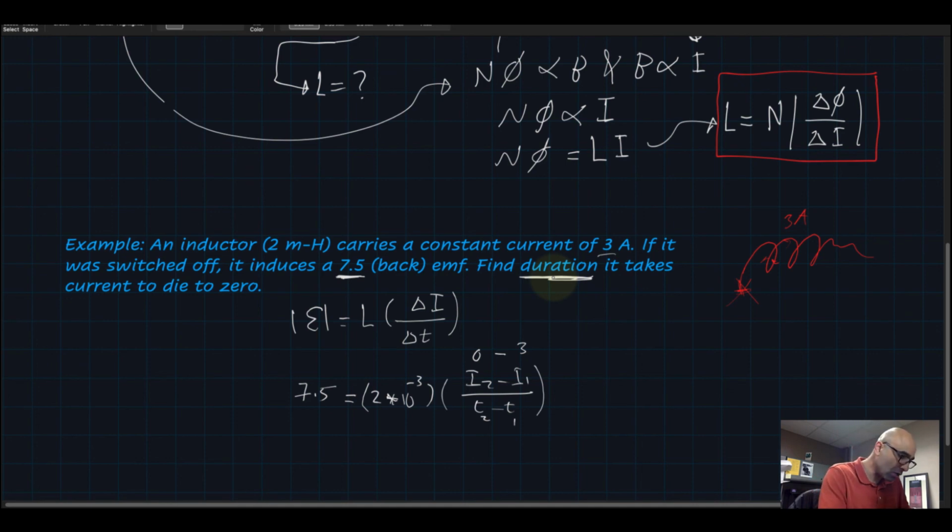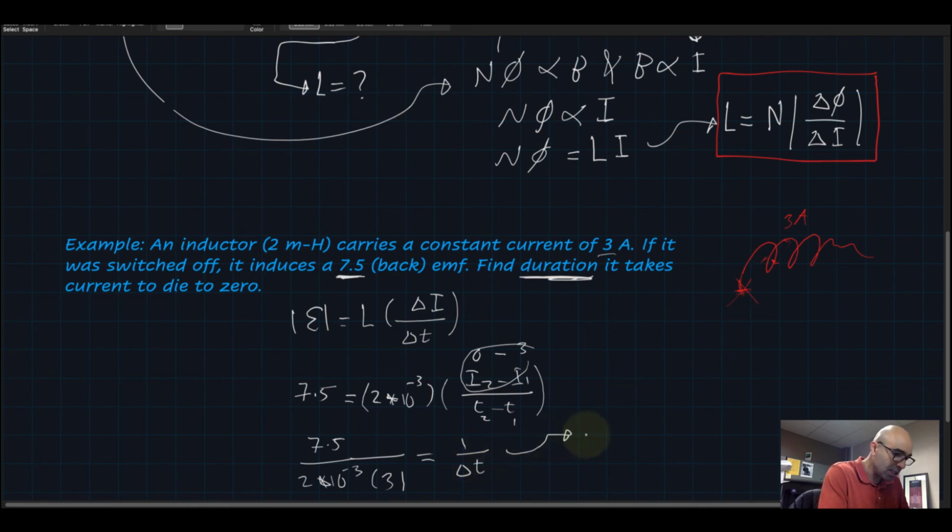All right, so let's plug all of these numbers in. 7.5 divided by 2 times 10 to minus 3, and also divided by 3 from this, should be equal to 1 over delta t, which is the duration of time we're looking for.